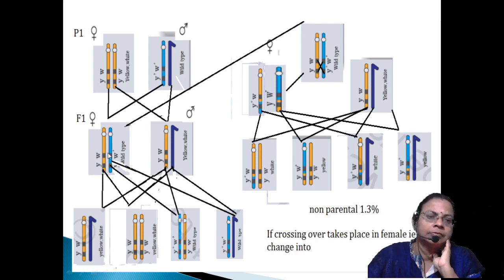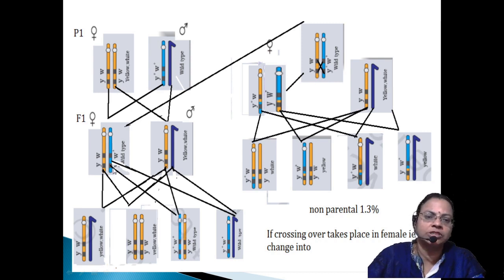But instead of that, the same female I have represented for the other possibility. If crossing over means genetic exchange at the time of gamete formation, the genes will exchange among themselves. So here I have marked it this way. This is the possibility of getting recombinant varieties.